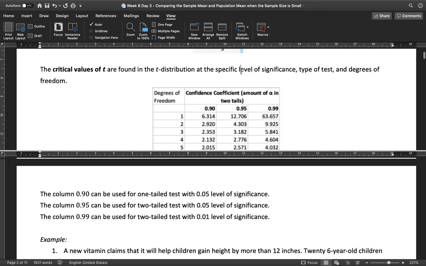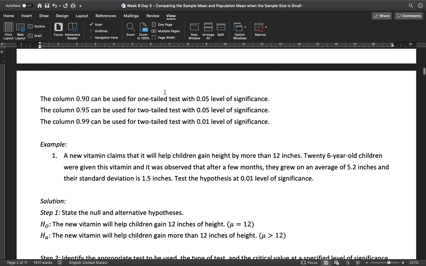You might wonder, nasaan yung column for one-tailed na 0.01 level of significance? If you search the internet, mas malaki pa yung t-table dyan eh. Meron talagang column for one-tailed test na 0.01 level of significance. Pero hindi siya na-provide sa book natin, so we're going to restrict ourselves to these three, kasi yun lang yung reference natin.